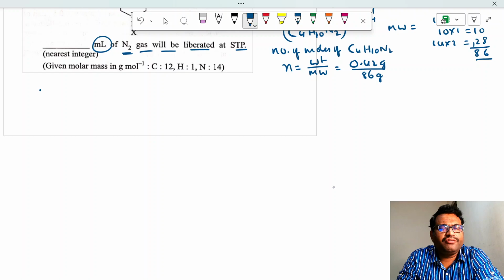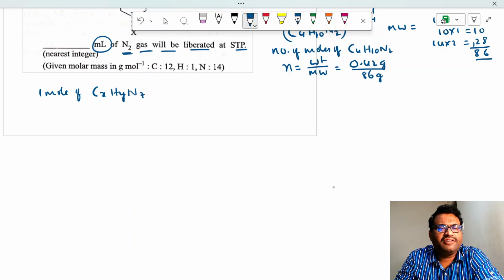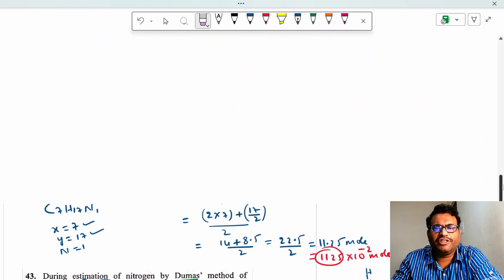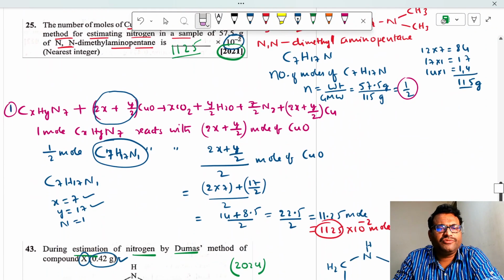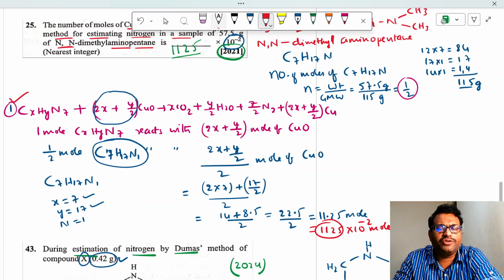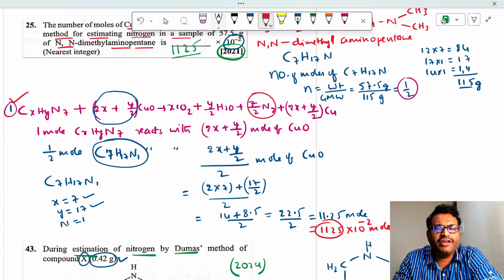1 mole of CxHyNz produces, this formula you can see here. So this is 1 mole, right? 1 mole is producing how many moles of nitrogen gas?